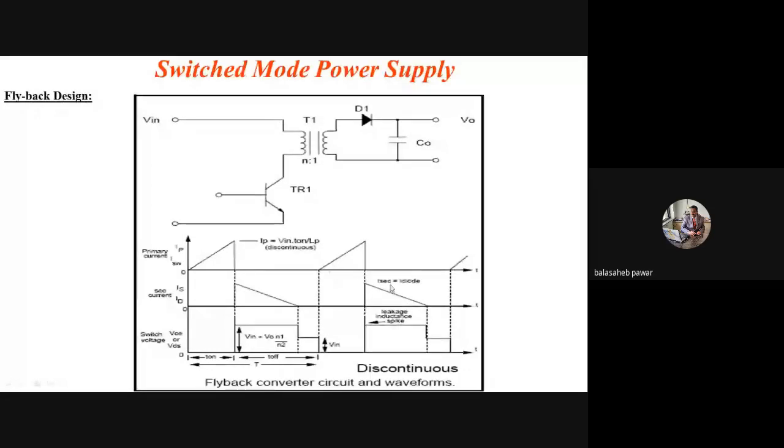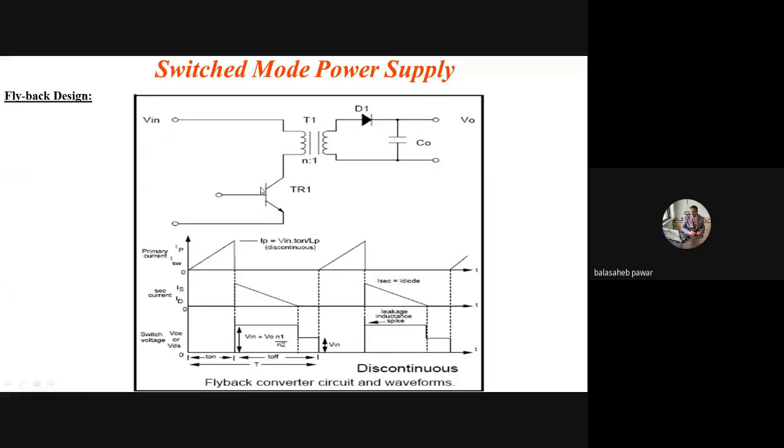You will observe there is one gap, which is purposely provided to avoid saturation of the transformer. Okay, you will observe the T-on and T-off. This T-on and T-off decide the duty cycle, and according to that duty cycle, the switch voltage shown and hence the net output voltage and its average value get decided, by T-on and T-off for this transistor.